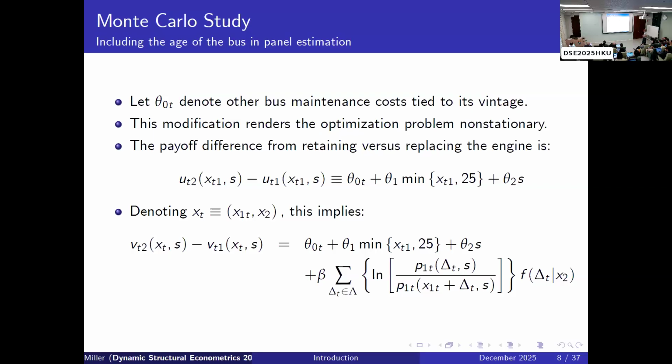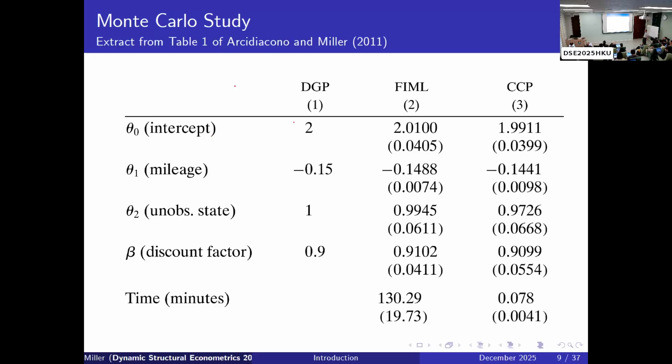That's what I've done here. So how does this work? Notice that we're estimating the discount factor in here, which makes the optimization problem non-trivial because it's pretty non-linear.